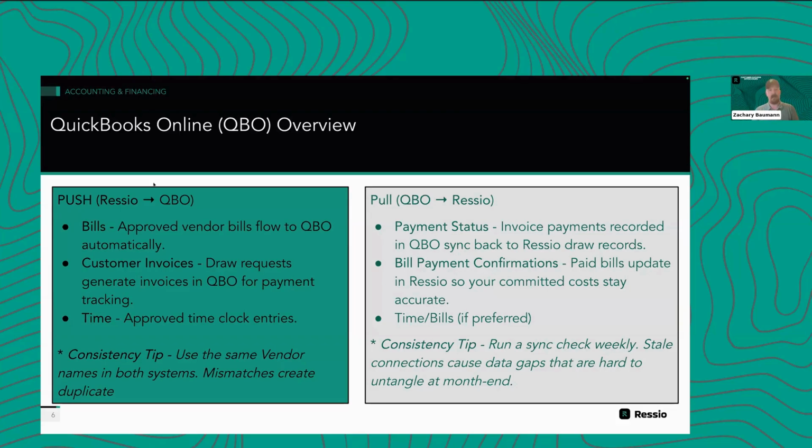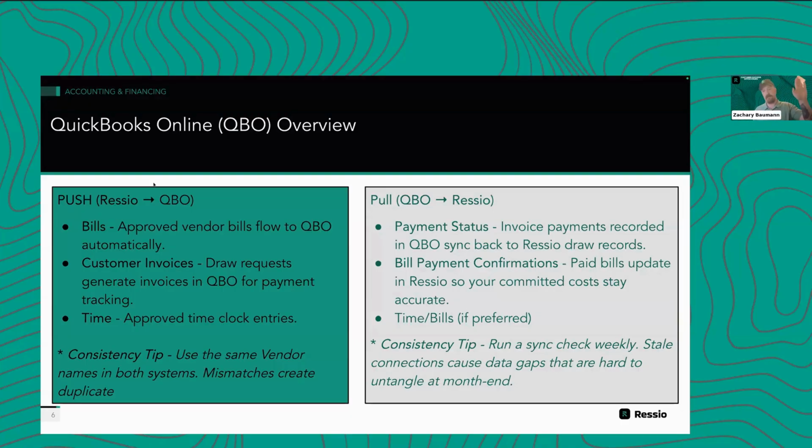On the pull side, if I enter a bill or a customer invoice into Ressio and push those over to QuickBooks, and I mark that bill paid, or apply a payment to the bill or to the customer invoice, those payments, those statuses, will also pull back over to Ressio because it's maintained that connection.